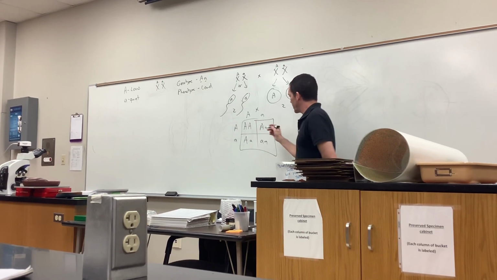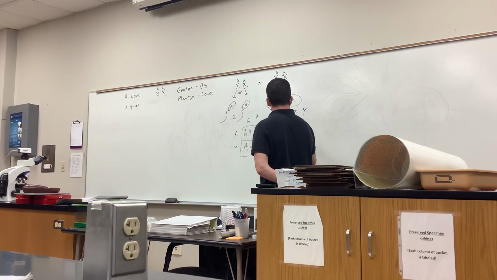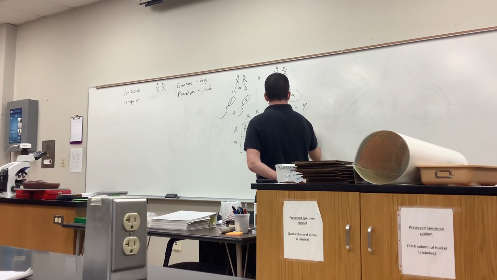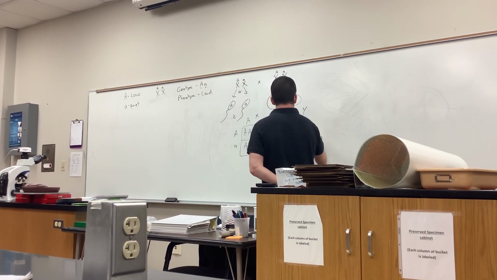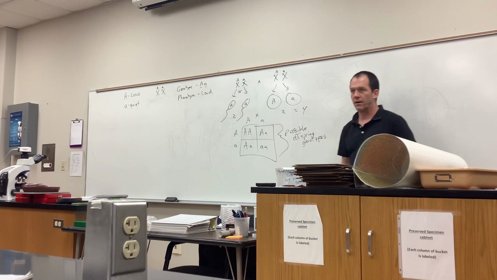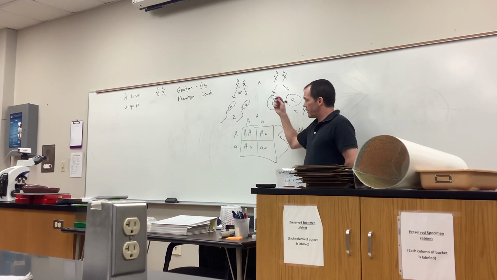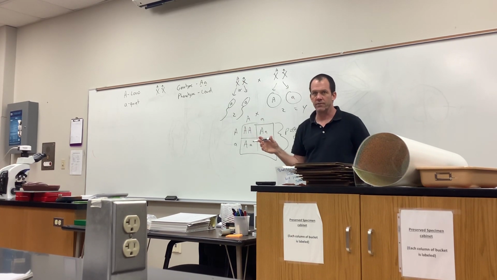But this is what you'd call the possible offspring genotypes. And genotypes are the combinations of those alleles. So this doesn't mean that these 2 people are going to have 4 offspring at once. That's not the case, right?